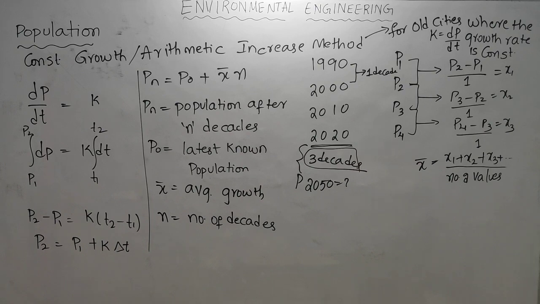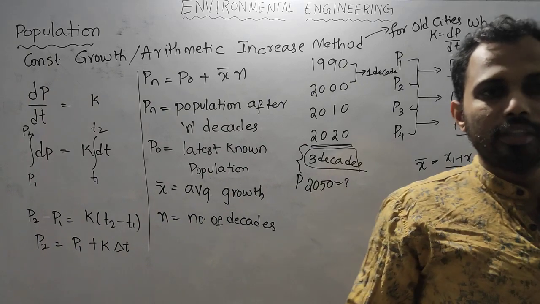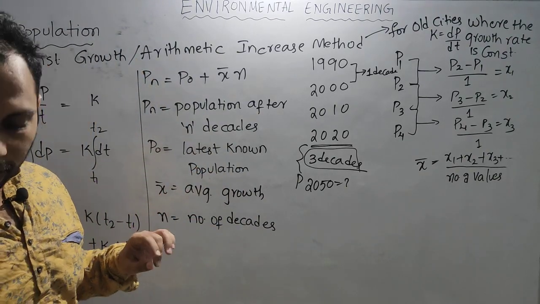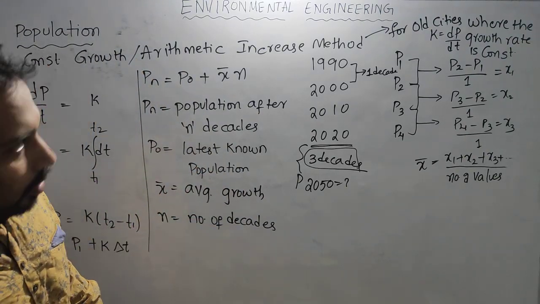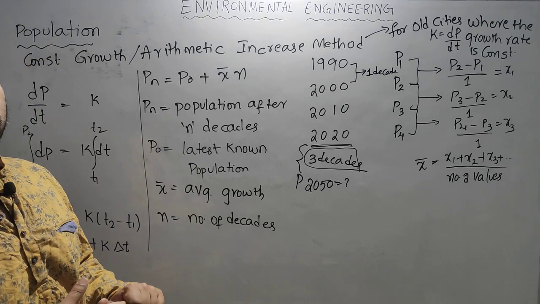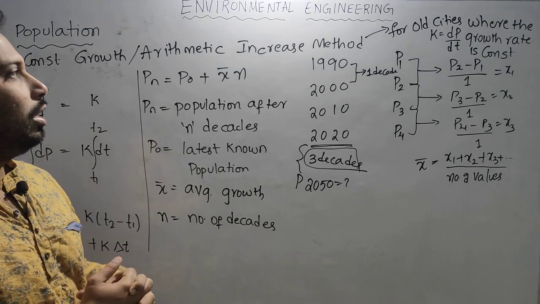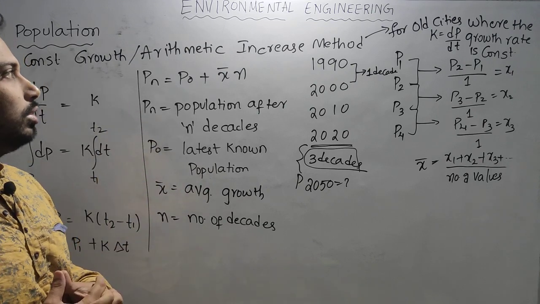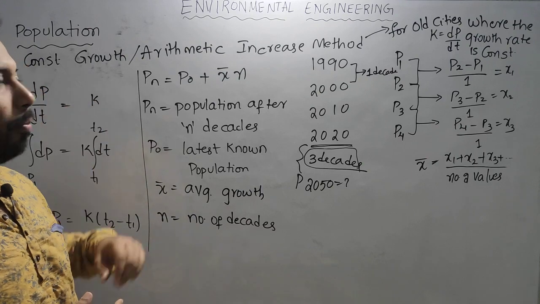Okay. So the next method is the geometrical increase method. We will discuss this geometrical increase method in the next session. For now, this is what we have discussed. We have discussed the introduction part of water supply engineering, and in that, to find the source sufficiency, we need to determine the population.